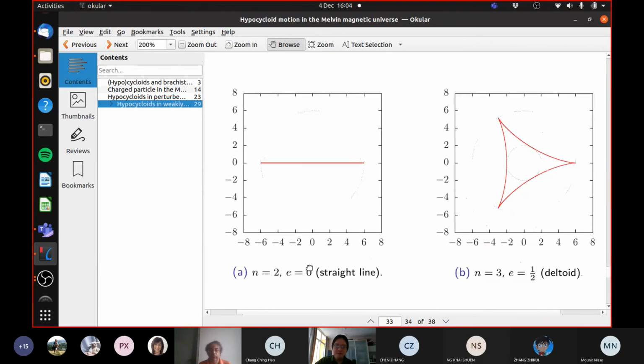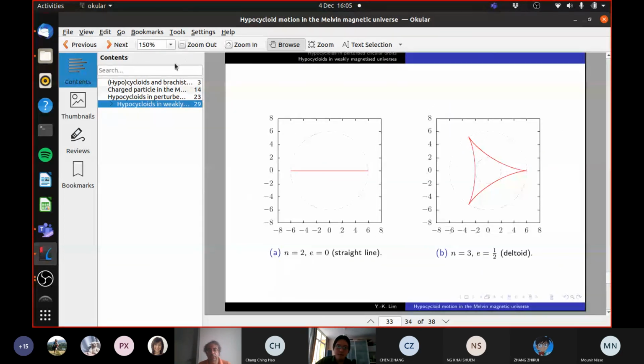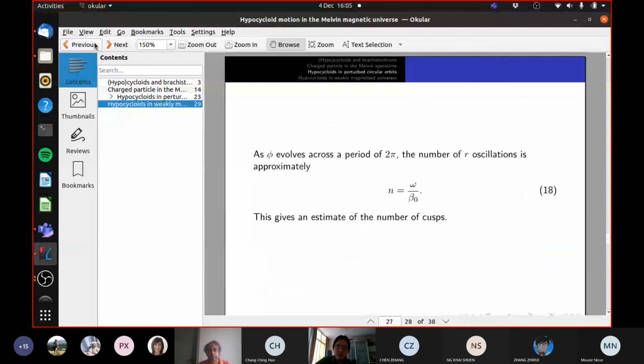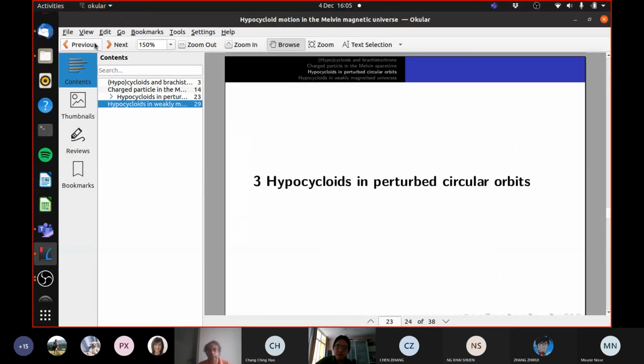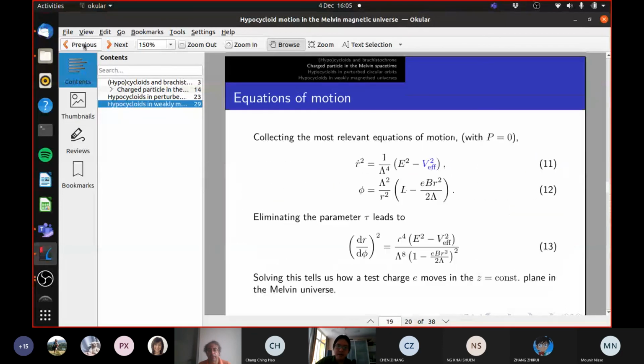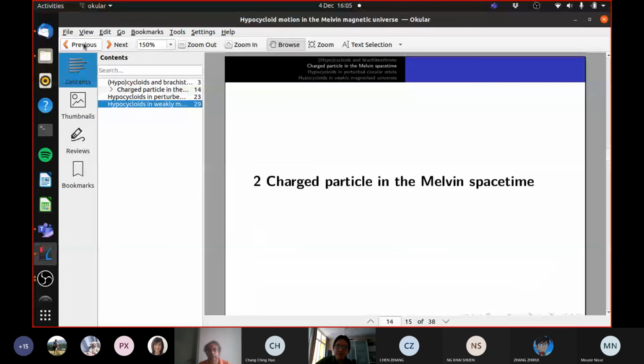Does the straight line case correspond to this I-shaped curve with the two cusps you had in the previous picture? No, because for the I-shaped curve, definitely the charge is non-zero.